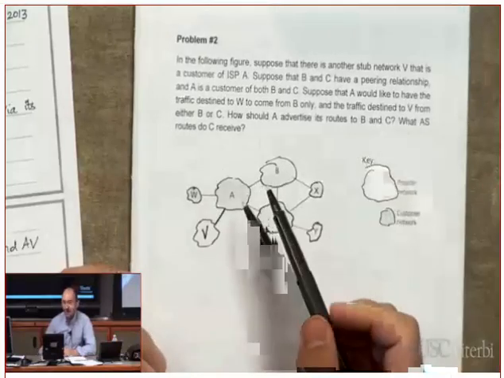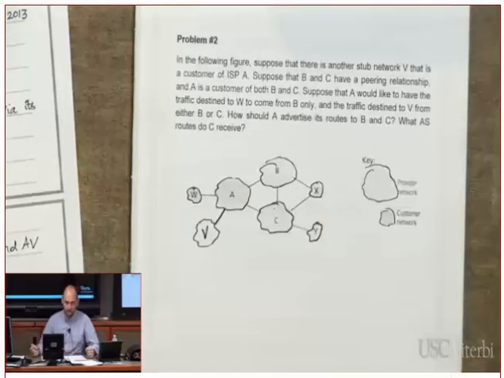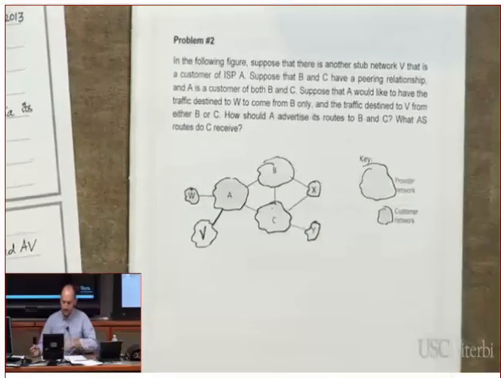And also A will advertise to C one route. This is which route? AV.